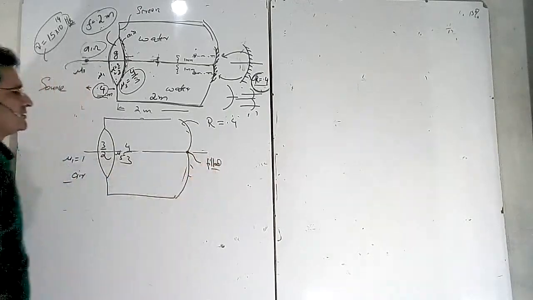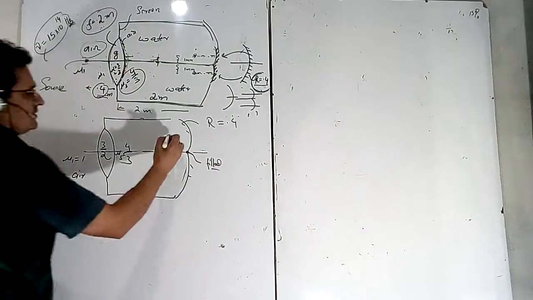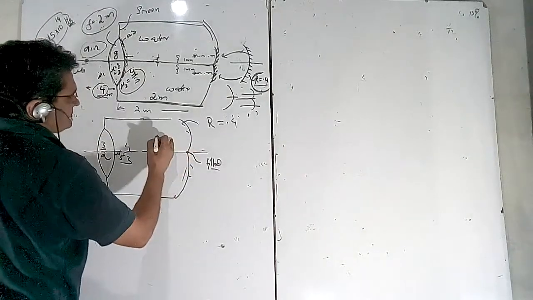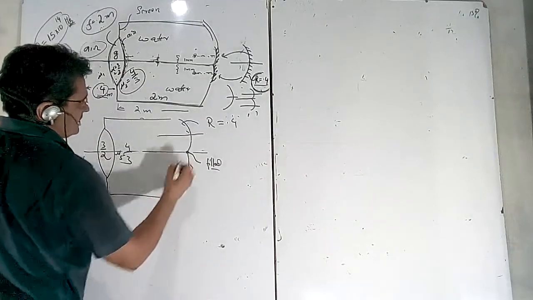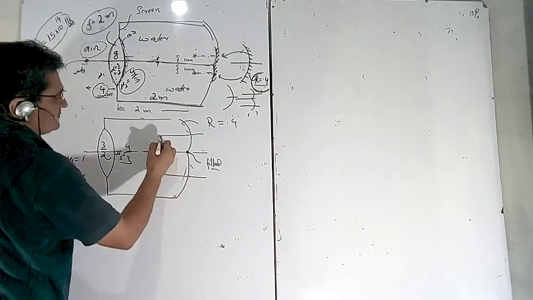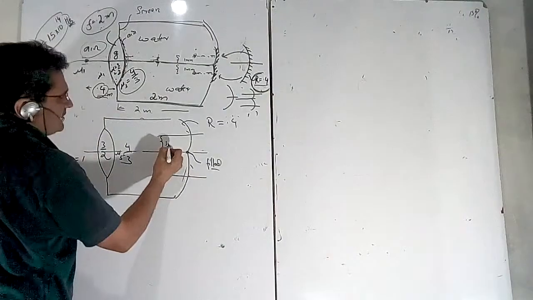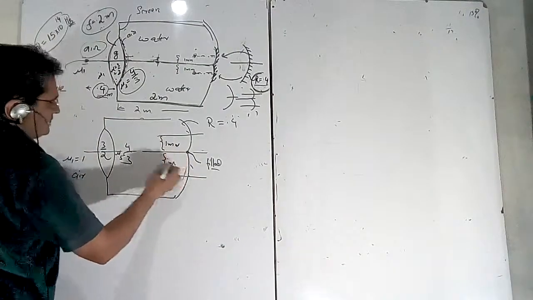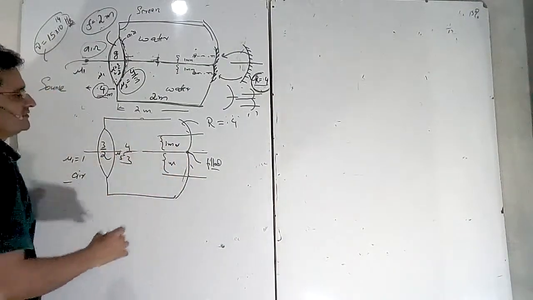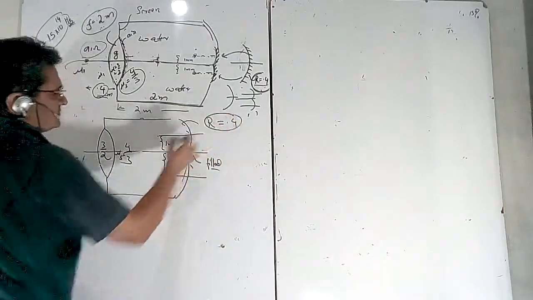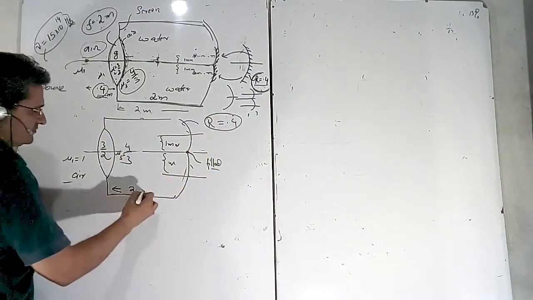This gap is blocked, and now we have placed it in such a way that the axis of the two mirrors which are formed by breaking this mirror are at 1 millimeter from the axis of this lens, and this radius of curvature is 0.4 and this distance is 2.